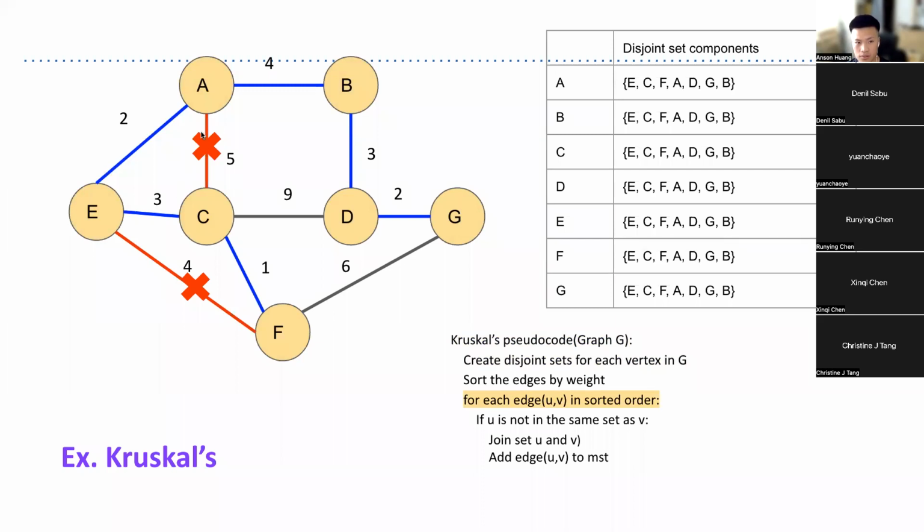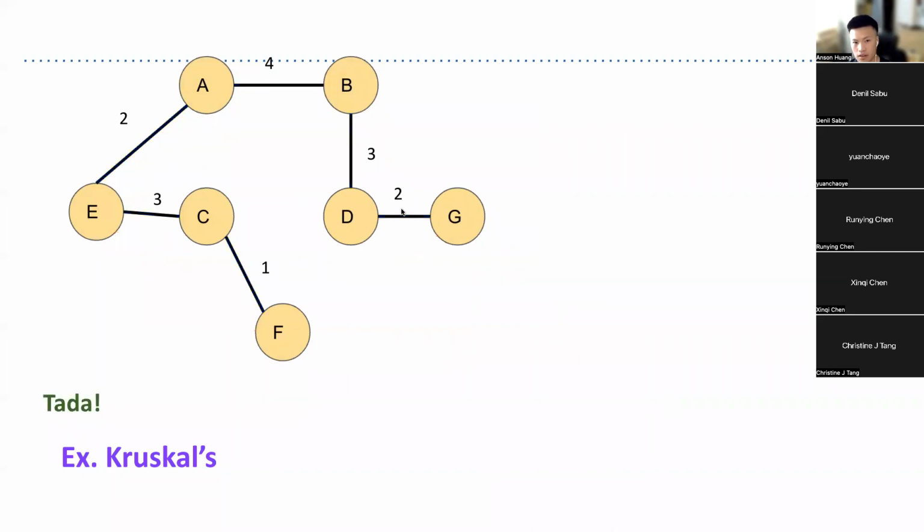So again, we don't add this edge either. A and C are in the same set. And then we don't add this edge either because G and F are also in the same set. We don't add this edge either because C and D are already in the same set. And this is our minimum spanning tree using Kruskal's.